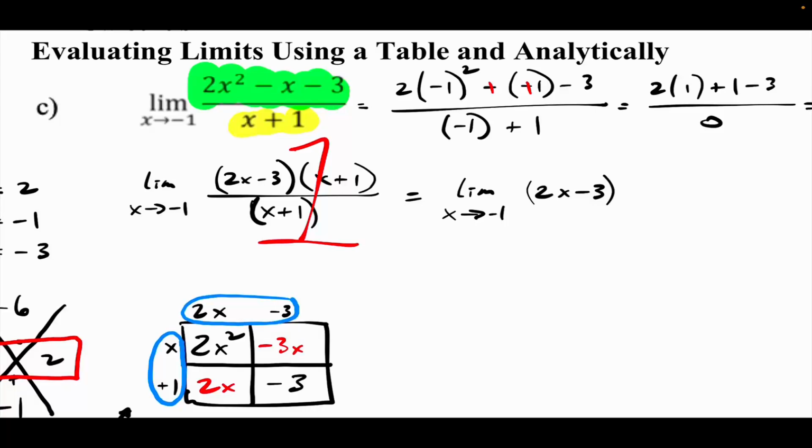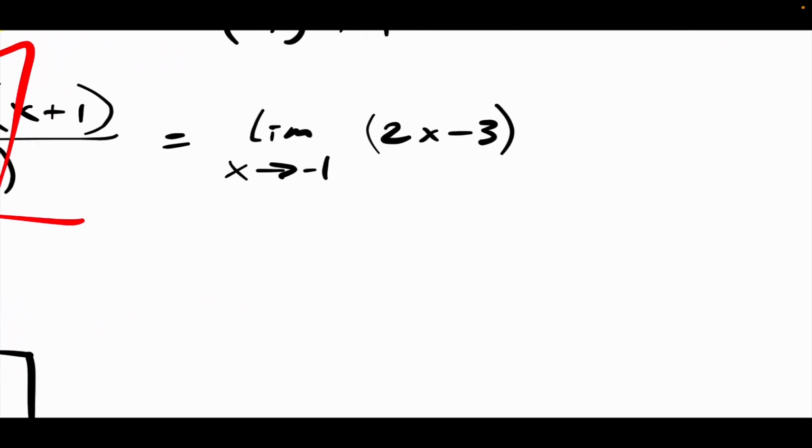That's factoring. So now what we're going to do is go back to the first step. Plug it in. Let's plug it in and see what we get. See if we get a different answer. So I'm going to plug in negative 1. So I get negative 2 minus 3, and that makes negative 5.